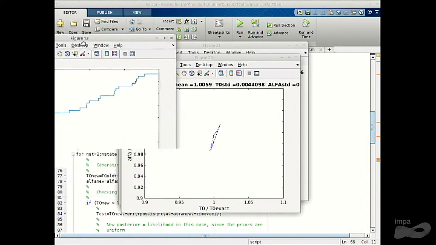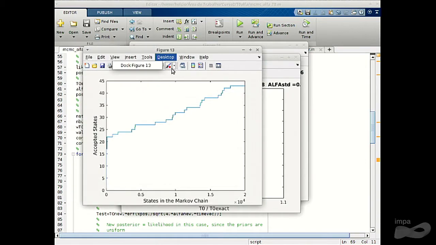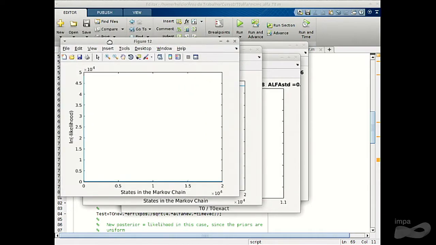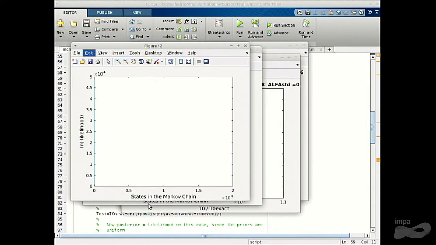And see the number of accepted states. We only accepted 40 states out of 20,000. So the posterior actually drops.